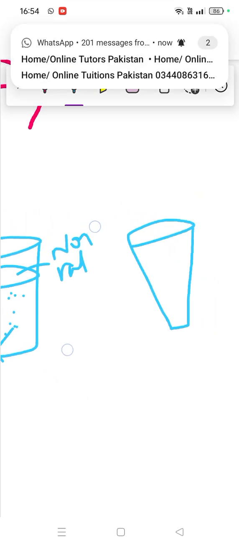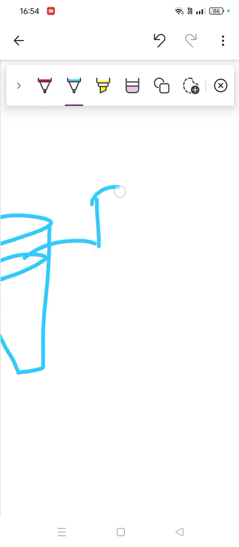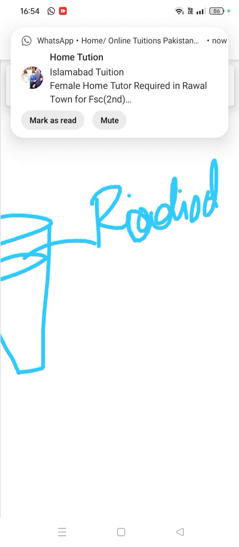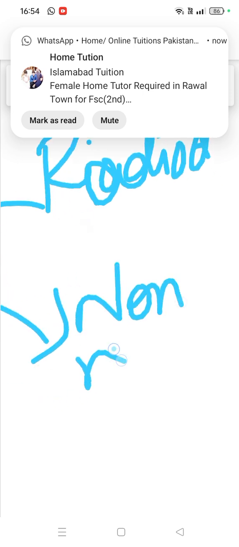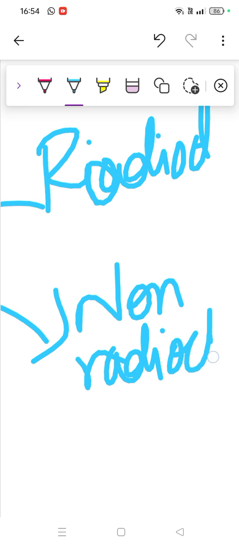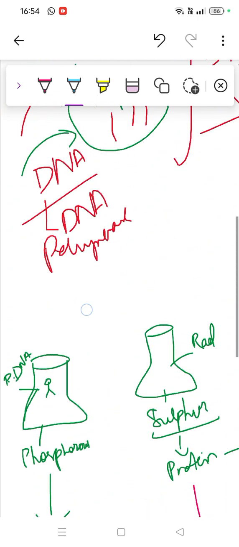And here it was opposite: radioactive was on the upper side, and on the downward part, the non-radioactive part. This was the difference between the two.